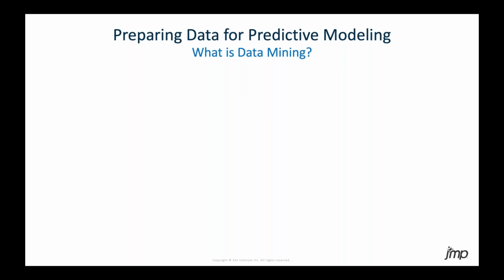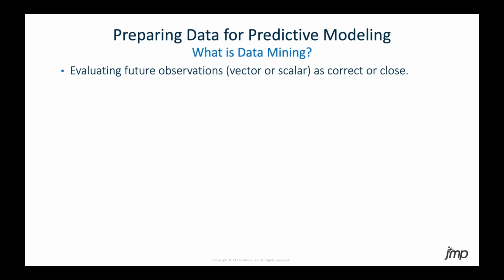A while back, I was asked to give a talk on some of the key concepts in data mining, and I like to start there so we have an understanding of what predictive modeling is and where it fits in the context of data mining. I think of three different areas that data mining encompasses. The first is evaluating future observations, and those observations can be vector or scalar in nature.